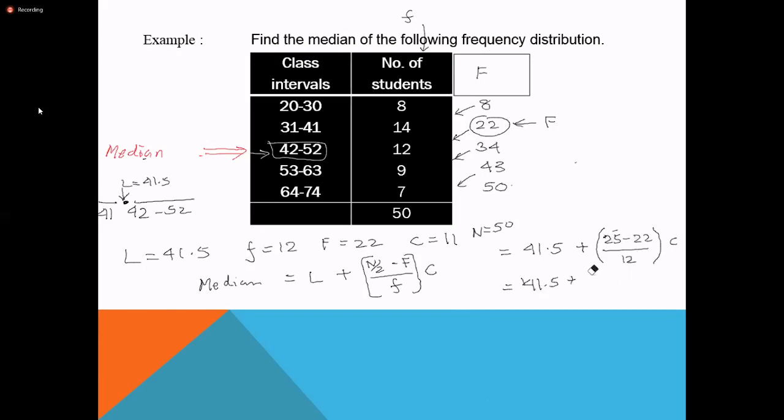Simplifying easily, C is 11, so it is equal to 41.5 plus 3 over 12, how much, 1 upon 4. 11 divided by 4 should be added to the lower class limit of that class interval.